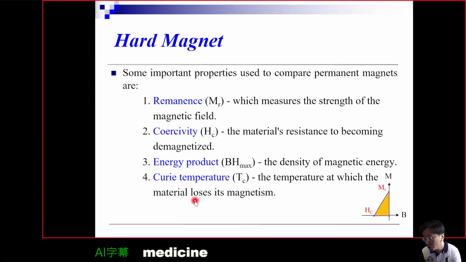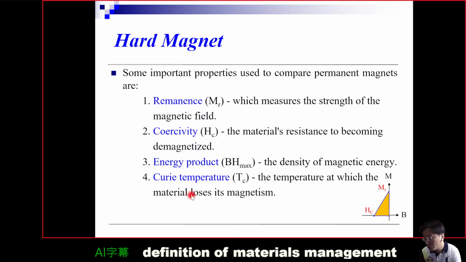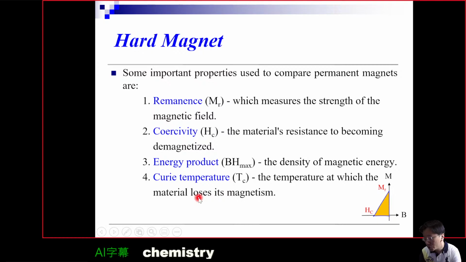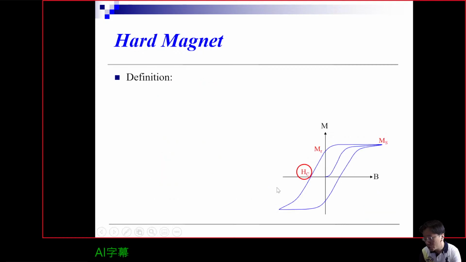To be more accurate, saying it loses magnetism is not correct. Actually, we may say that the material just has a phase change from ferromagnetism to paramagnetism. That would be more accurate. Any questions here?